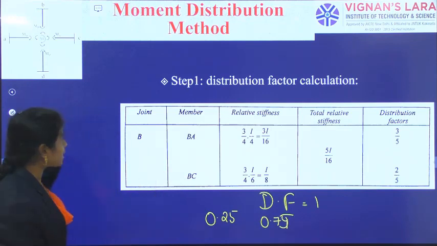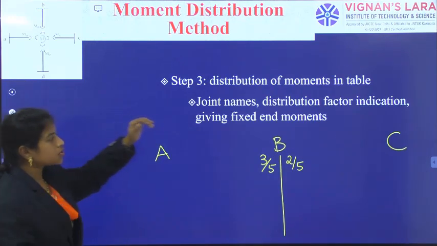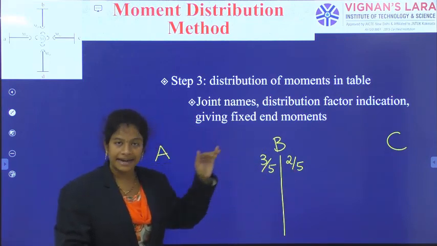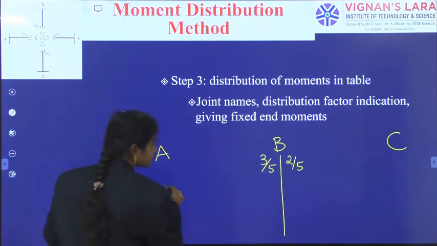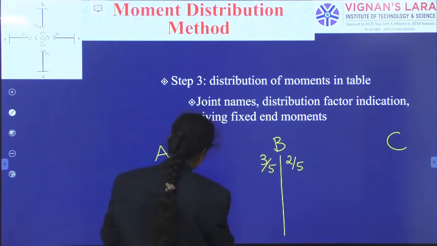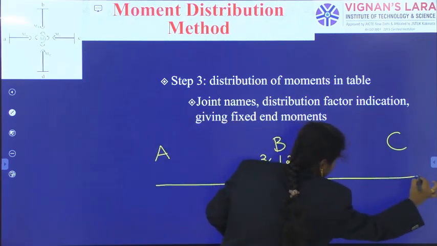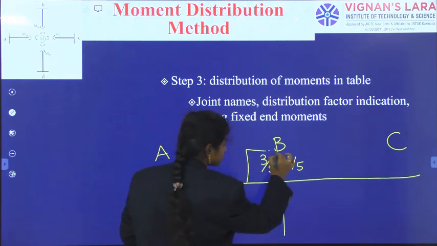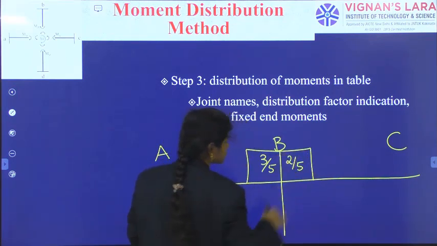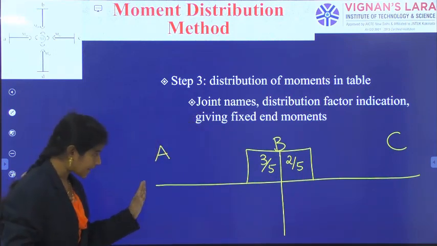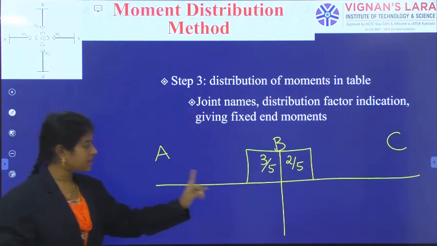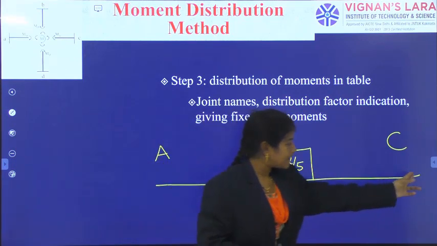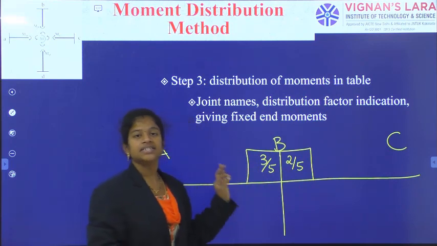Okay. So, I am writing those distribution factors in the distribution factor table. So, joint names, distribution factors indication, and then we should indicate the fixed end moments. So, in this way, A, B and C, and these are the fixed end moments we have developed, the distribution factors we have indicated. And at A, what is the fixed moment? At B towards A, what is the fixed moment? At B towards C, what is the fixed moment? At C towards B, what is the fixed end moment?